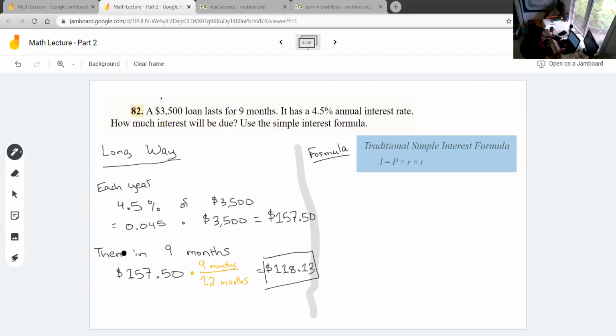If you were using the formula, we would say that the interest is that principal times the 0.045 times the 9/12. Let me see if I can squeeze in the words. Do it all in one thing and get the same answer.